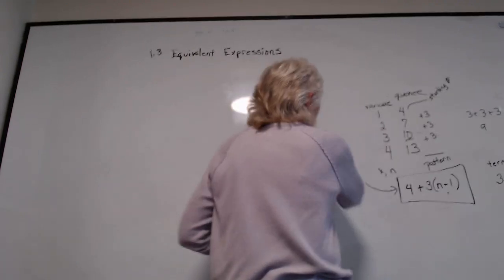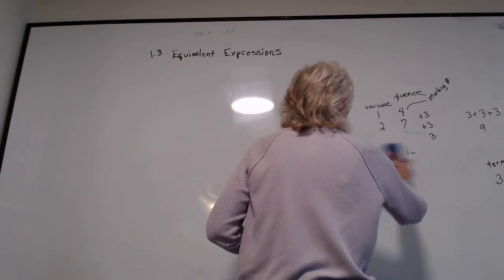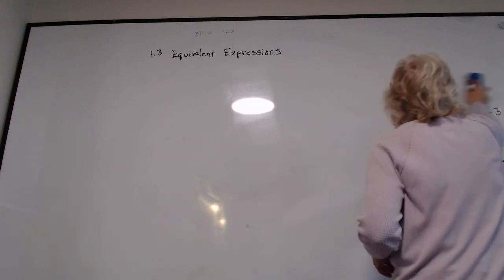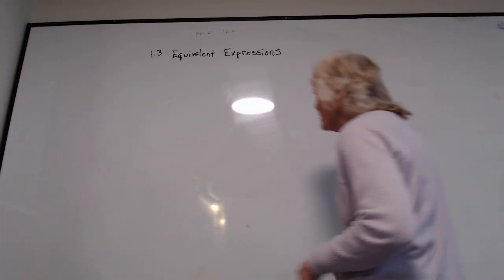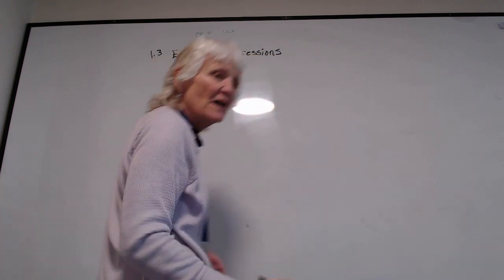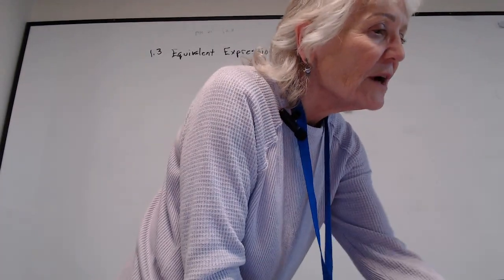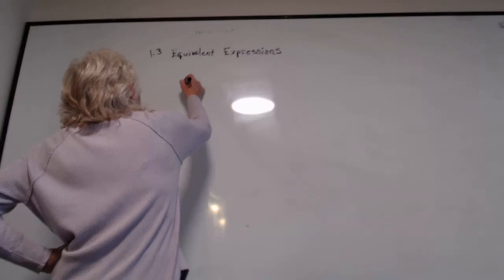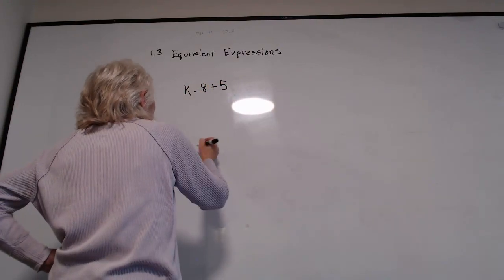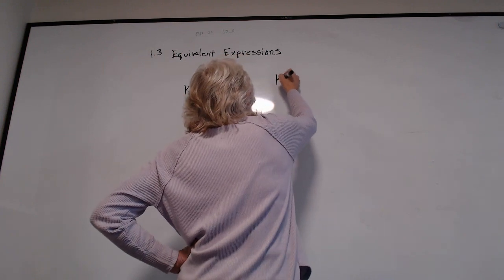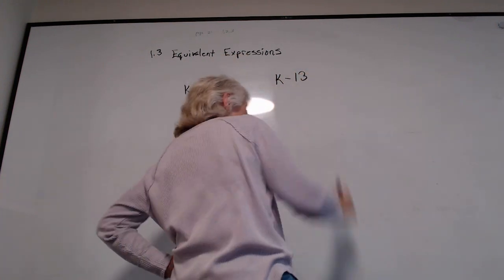Even when you're working on these, you may get different answers, but we're checking to see if they're equivalent. K minus 8 plus 5 is one expression. The other expression is k minus 13.